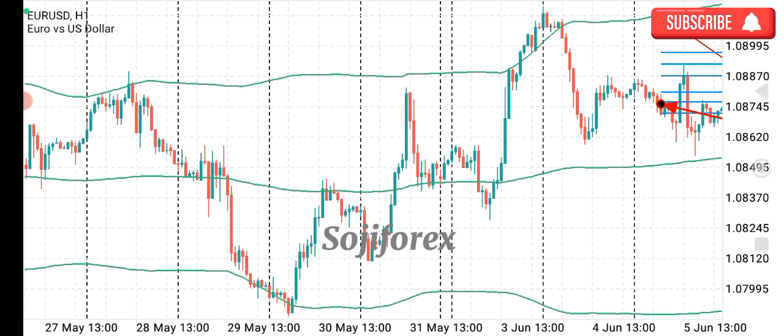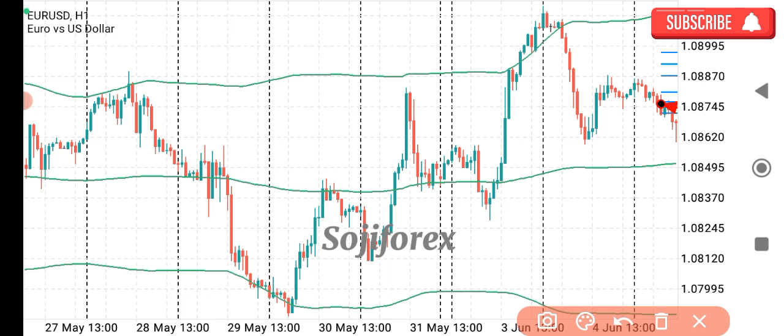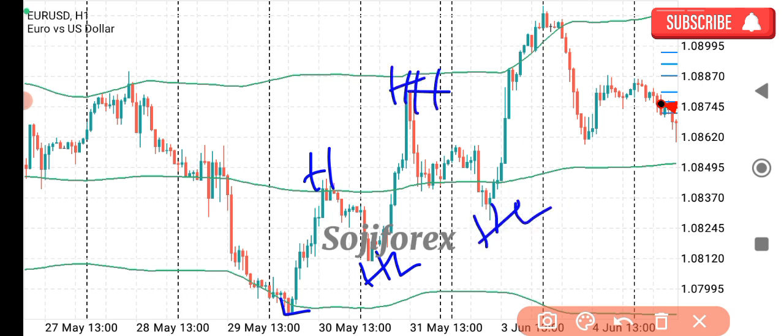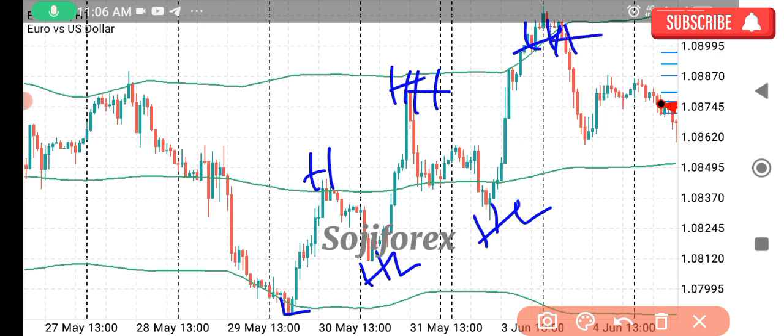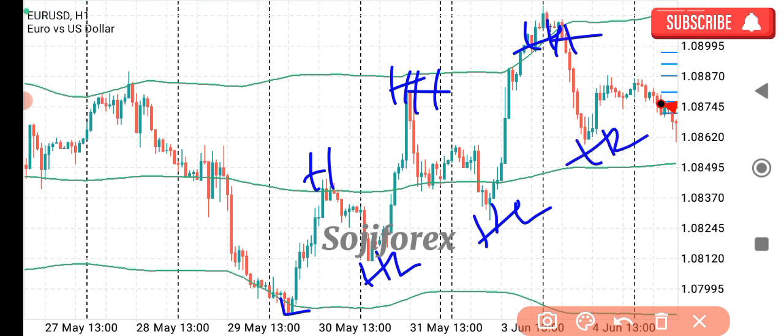So looking at this scenario, in this market, this is an uptrend and the market is making a low, a high, a higher low, a higher high, a higher low, a higher high, and will have a higher low.